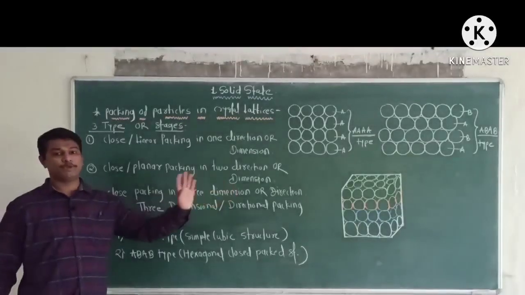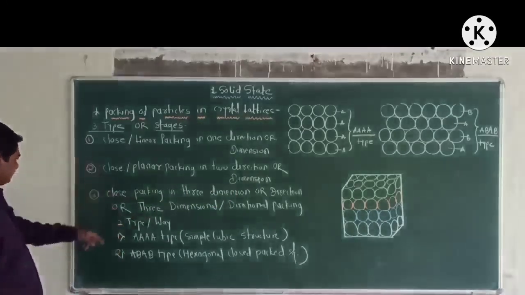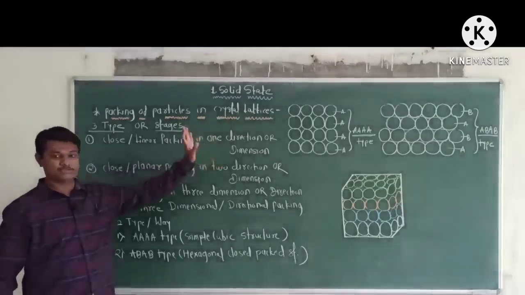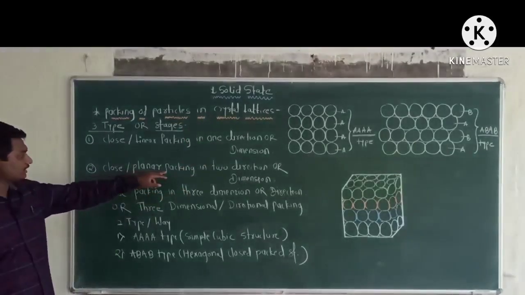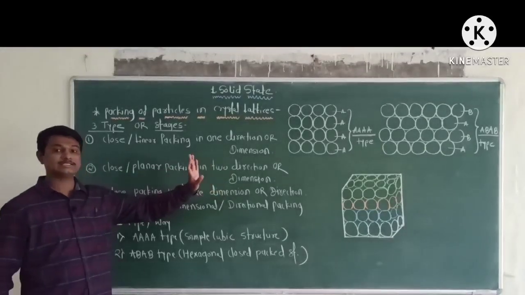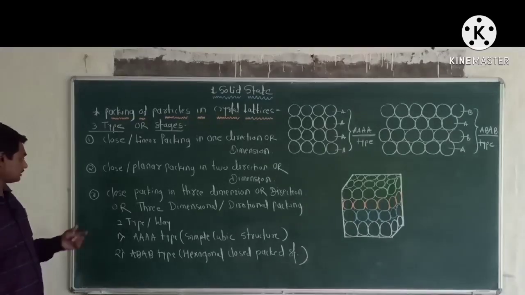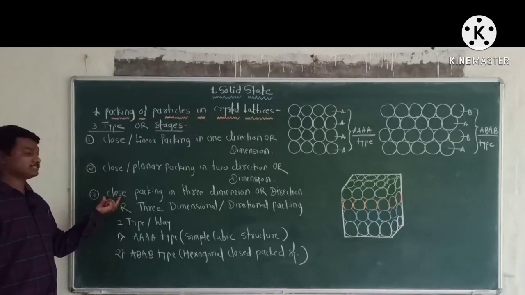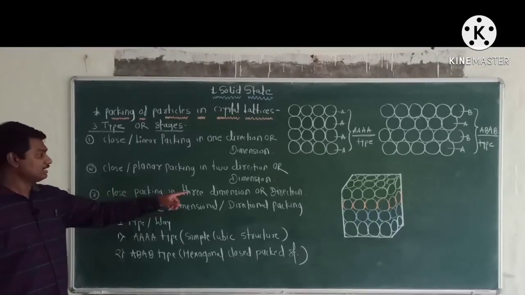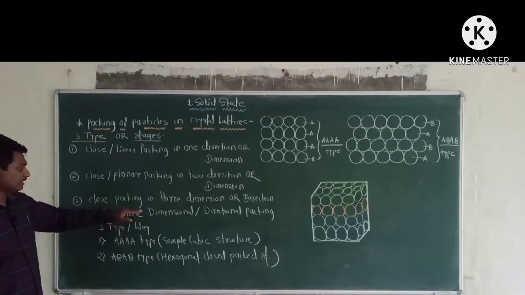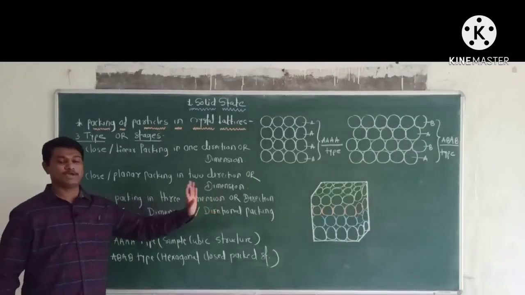Out of these, close packing in one dimension and close packing in two dimensions were completed in the last lecture. So today I am going to start the third type, close packing in three dimensions, also called three dimensional or directional packing.